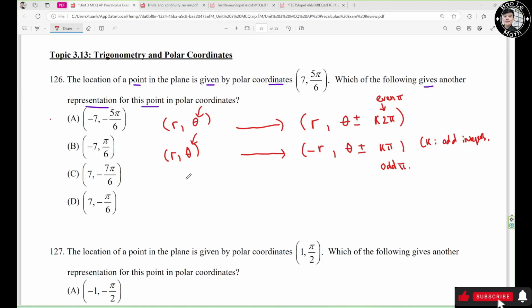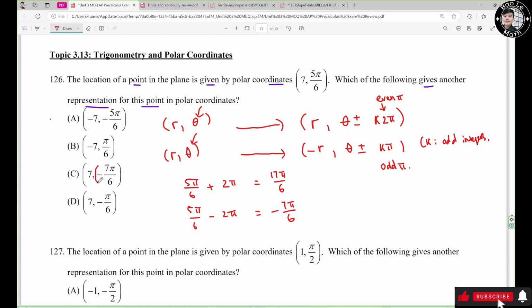So first I have 5 pi over 6. If I add 2 pi, it's going to be 17 pi over 6. It's not here. Now if I subtract 2 pi to see what happens, I get negative 7 pi over 6.